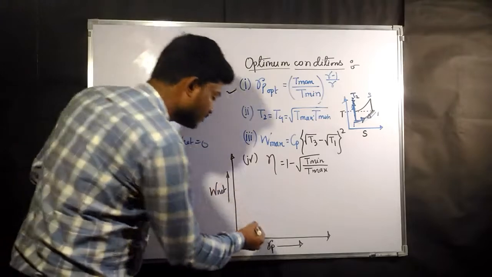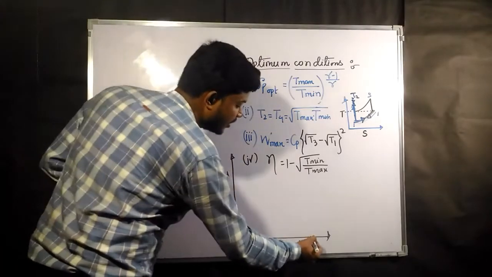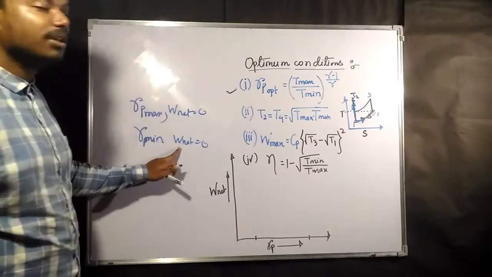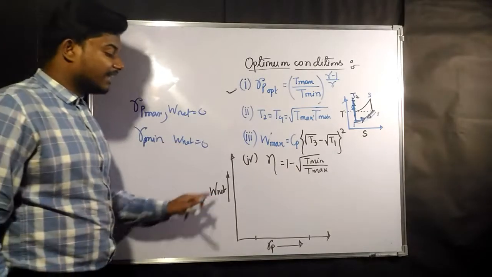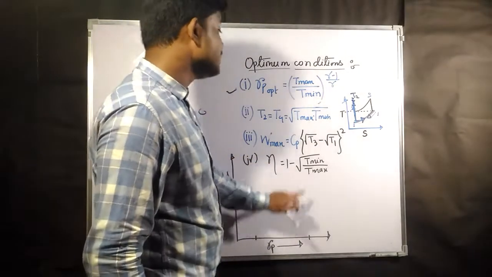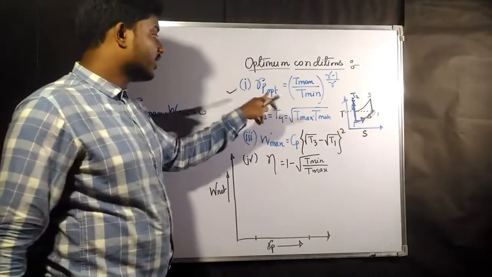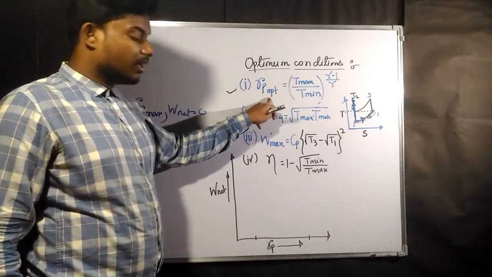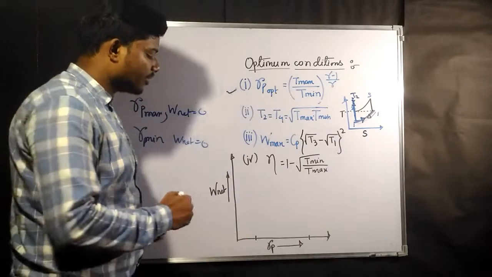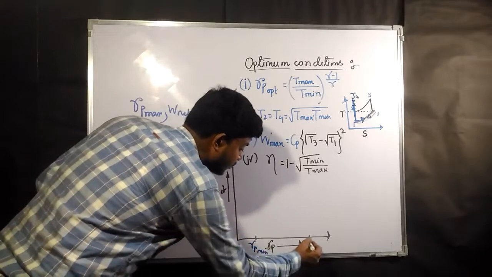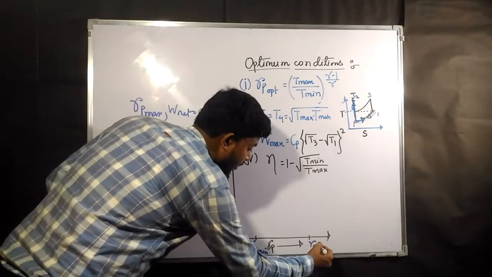So for both the conditions W net was 0. That means if you take a minimum pressure ratio value and maximum pressure ratio value, at these 2 points the W net is going to be 0. In between somewhere there is going to be an RP optimum. So this is RP min, and this is RP max.